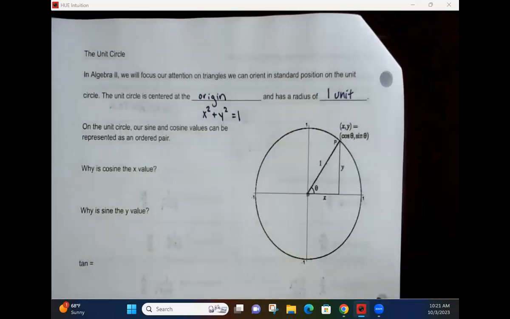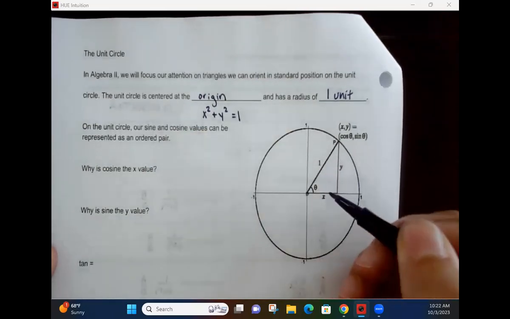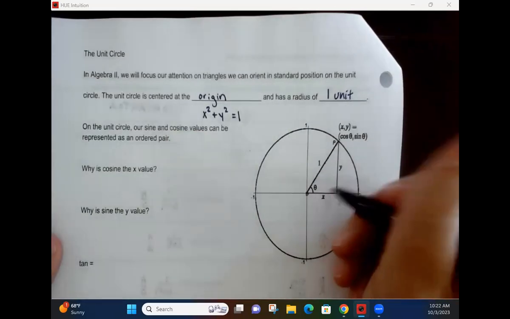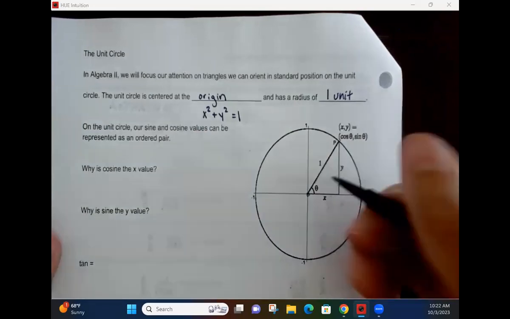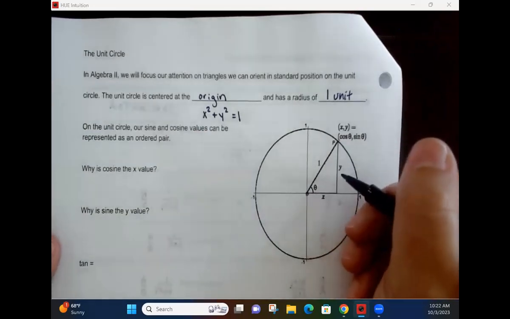So then what we're going to be looking at for our sine, cosine, tangent, secant, cosecant values are not the ratio, because the hypotenuse is 1. So that means for a lot of this, if the hypotenuse is 1 and I ask you for the sine, I'm just asking you what's the length of that opposite side, right?